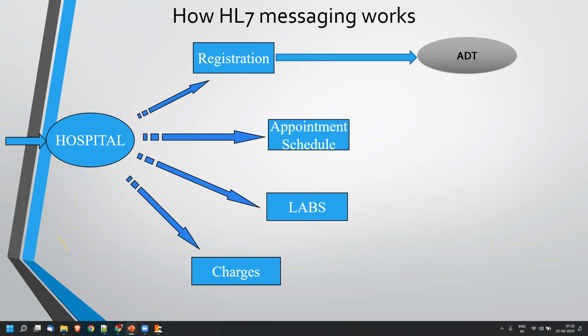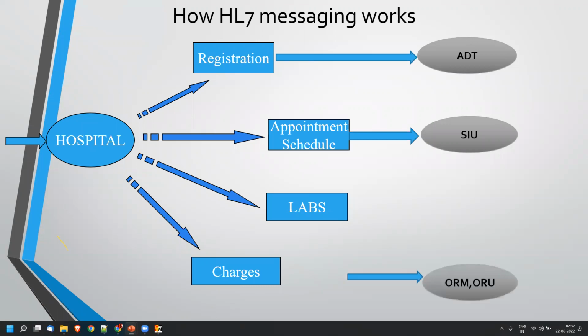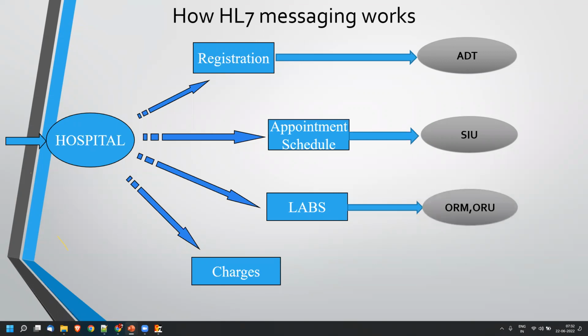Okay, then you have appointment schedule, and it is represented with the help of SIU. SIU stands for scheduling information unsolicited. So we are talking about appointment schedules, right? And then you have labs. Labs are represented with the help of ORM and ORU message codes. ORM stands for observation request message because the doctor is requesting an observation to be done.